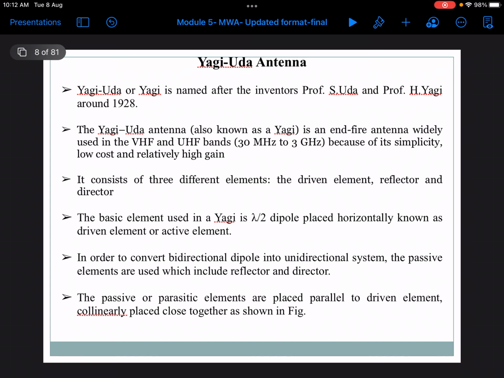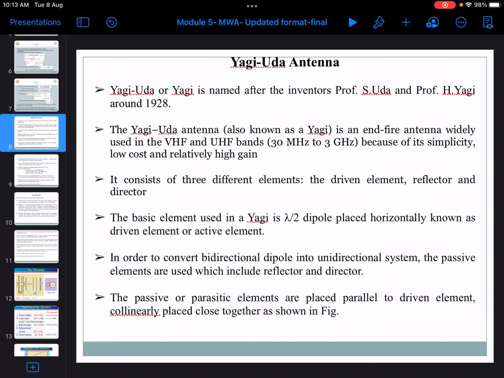In order to convert that bidirectional dipole into a unidirectional system, passive elements are used before and after, behind and in front of that driven element, known as reflector and director. These are passive elements, that is, reflector and director are passive elements, and are placed parallel to the driven element, collinearly placed together, which is shown in the figure.